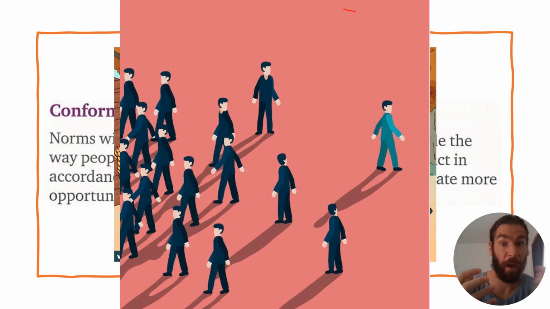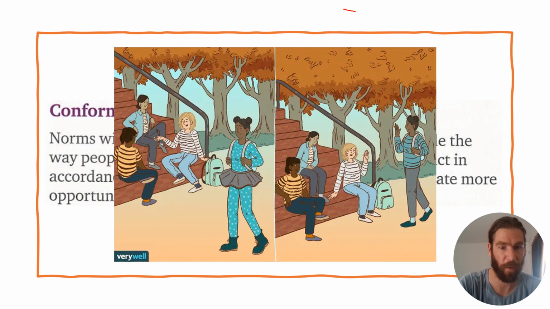One person is in a light blue suit and is walking in the other direction, and the other persons are walking towards the other direction in dark blue suits. And the question for the person on the right is, am I going to conform or not to the rest of the group, by changing my suit and also walking in the same direction? This is also conformism. Very important concept for us.